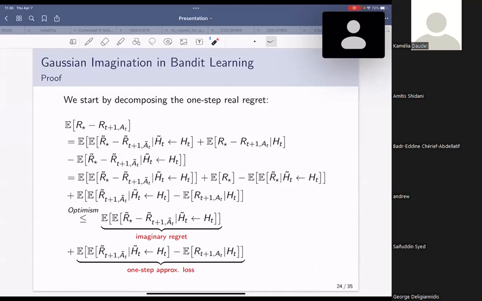The one-step real regret is this term here. The expectation of the difference between the reward we get at this time step by playing action A_t and the optimal reward R star, and we can just rewrite it as two expectations.